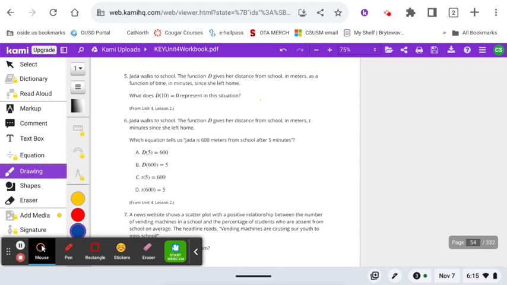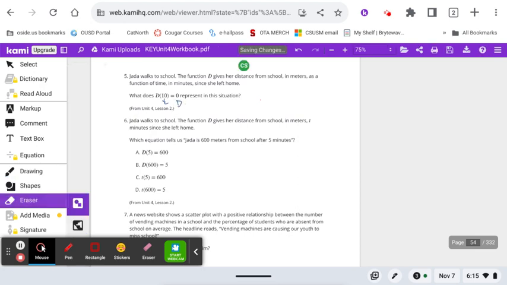Next, what does d of 10 equals 0 mean? We're talking about the function d, which gives the distance from school in meters as a function of time in minutes. So t is 10 minutes and distance is 0 in this scenario.